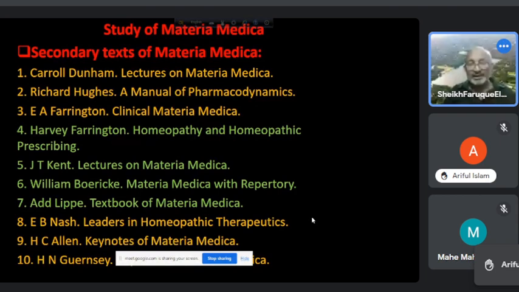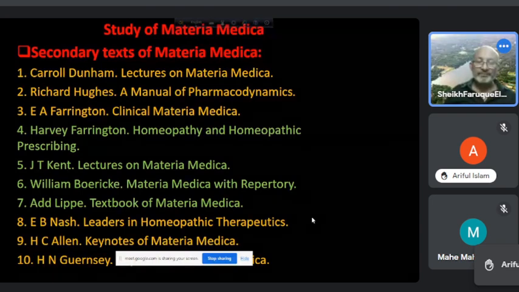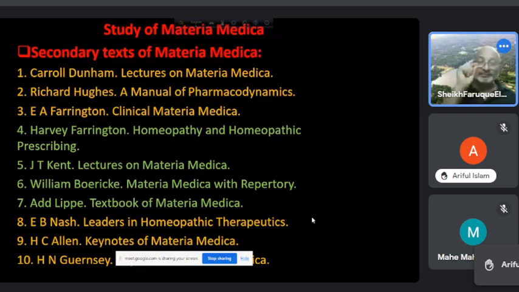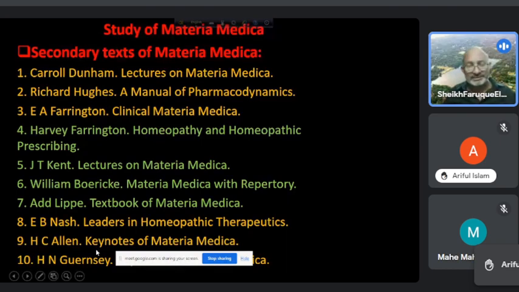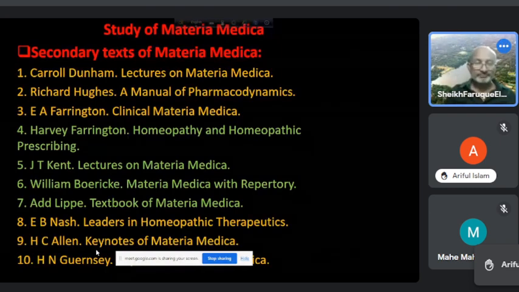So please study this book in English, because some Bengali translations are not good; every word is very meaningful. Then Dr. H.N. Guernsey was very famous. Guernsey was a younger friend of Hering.